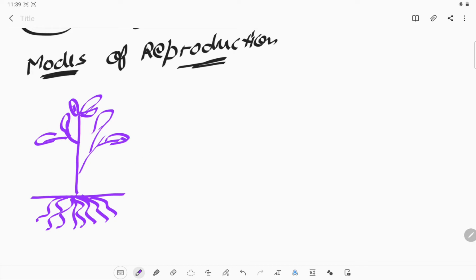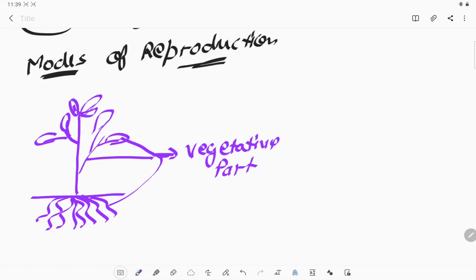If we talk about the leaves, stem and roots, and combine all these together, these are the vegetative parts of a plant. But if there is a flower also on our plant, this flower is known as the reproductive part.